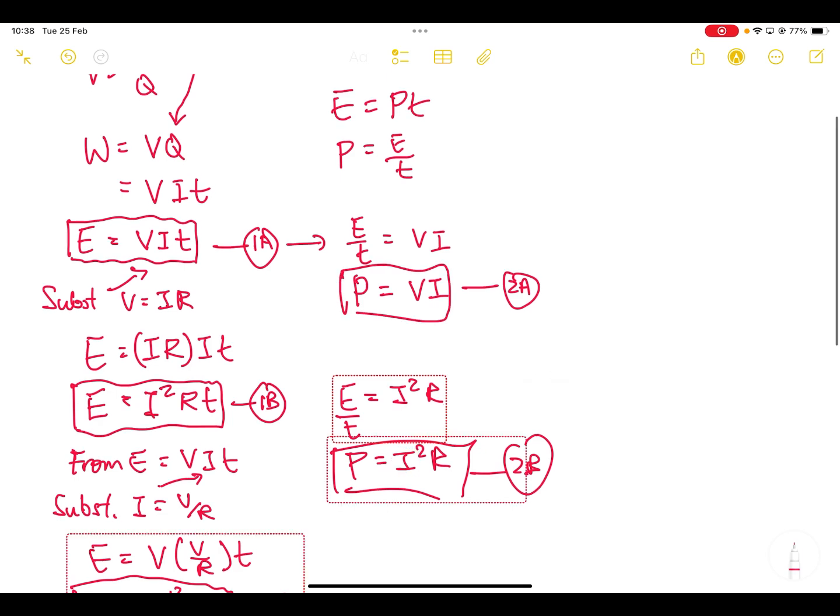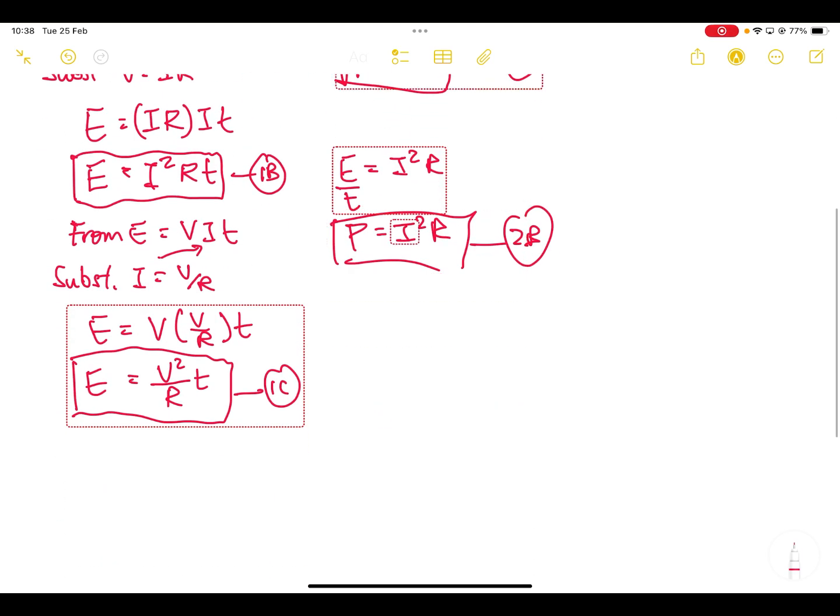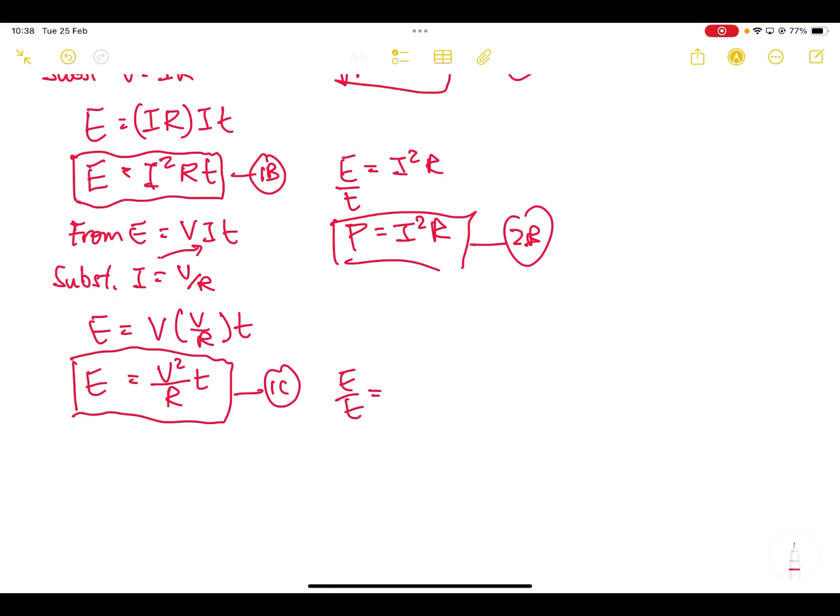And the third formula you can guess: P equal to V squared over R. Same thing, I bring the T over, I get V squared over R. So this is the third formula that you get from the first set.